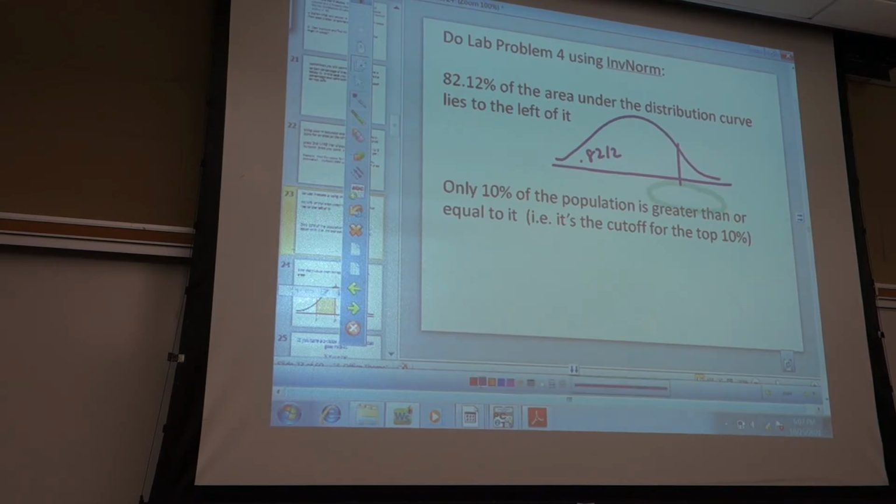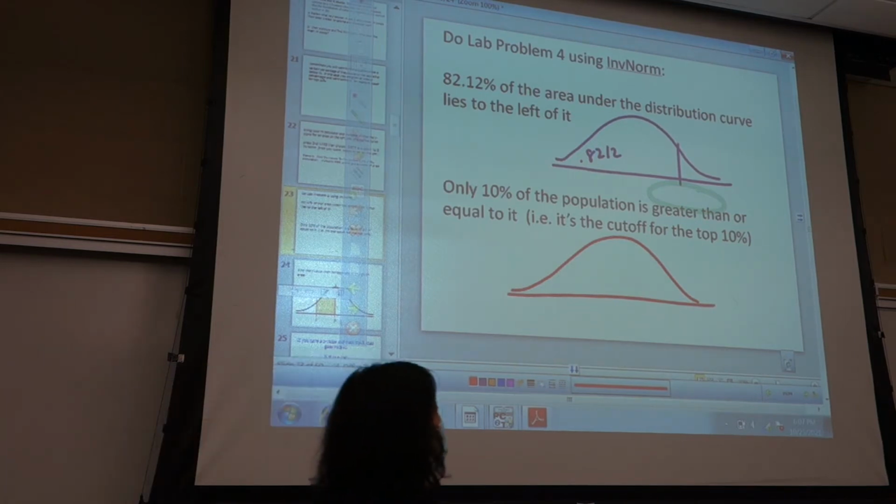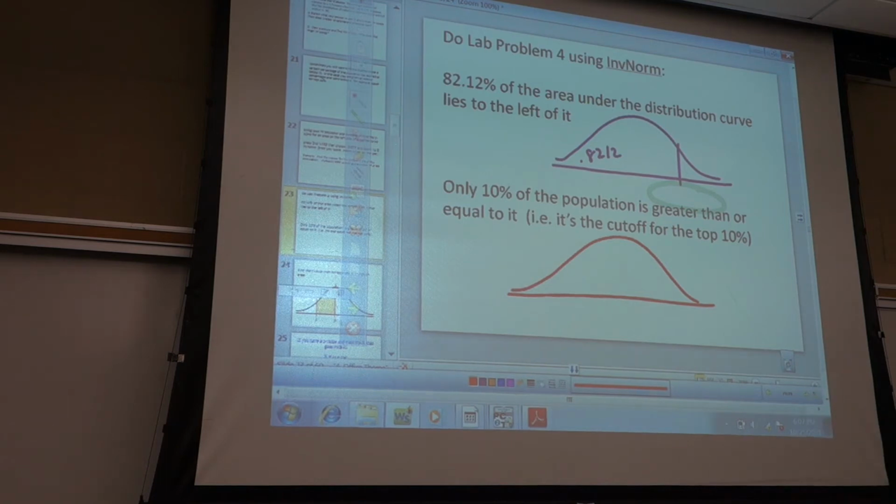For the second one, if you get that far, 10% is greater than or equal to it. Actually, let's not worry about that. Let's just do the first part right now. So everyone draw a picture. Find that z-score.